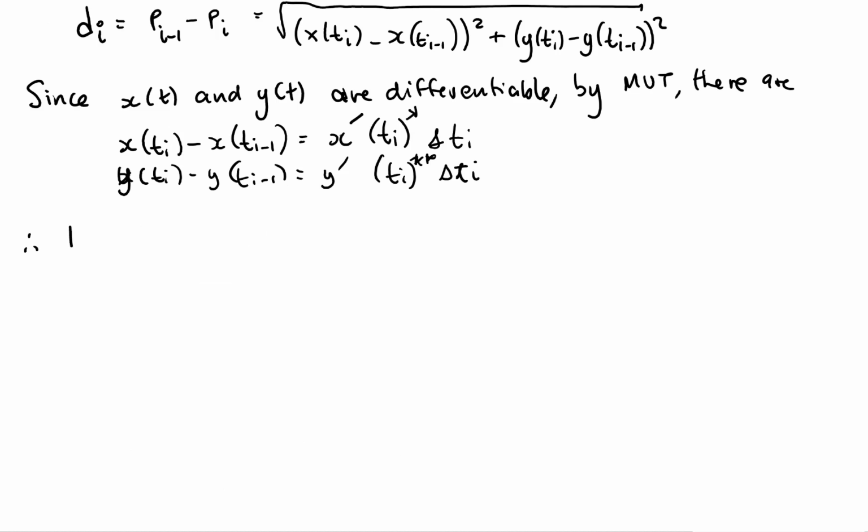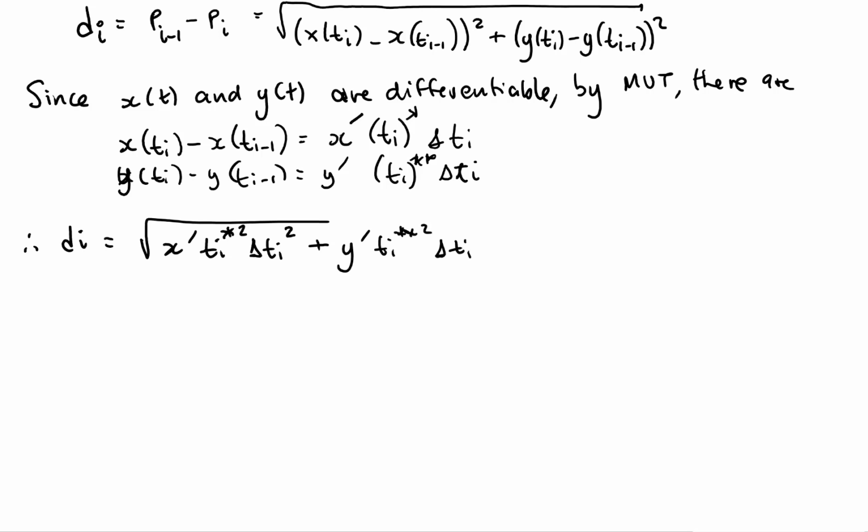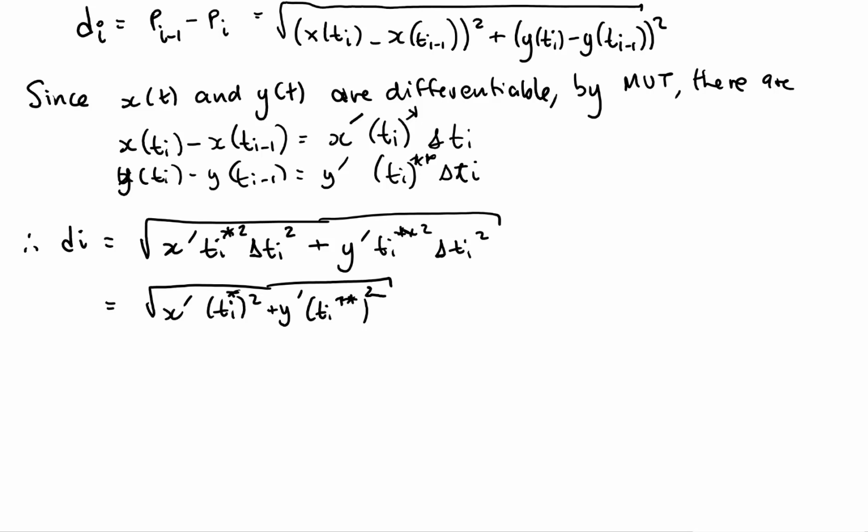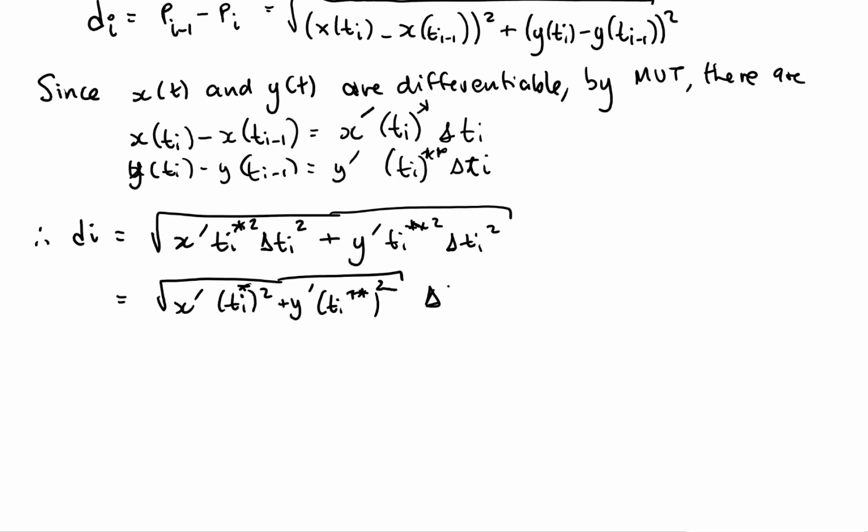and therefore, the di from above is equal to x prime ti squared times delta ti squared plus y prime ti squared delta ti squared. And this can be simplified to x prime ti squared plus y prime ti squared, and then you can factor out the delta ti squared.